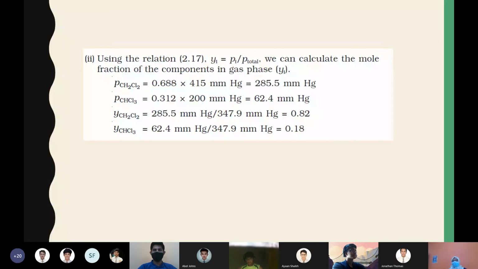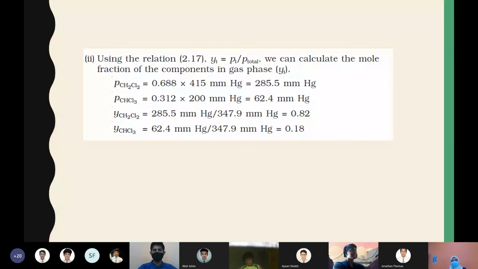The next topic is based on Raoult's law. We were discussing vapor pressure, and we used Raoult's law to calculate the partial vapor pressure of a volatile substance in the solution, and hence the total vapor pressure.